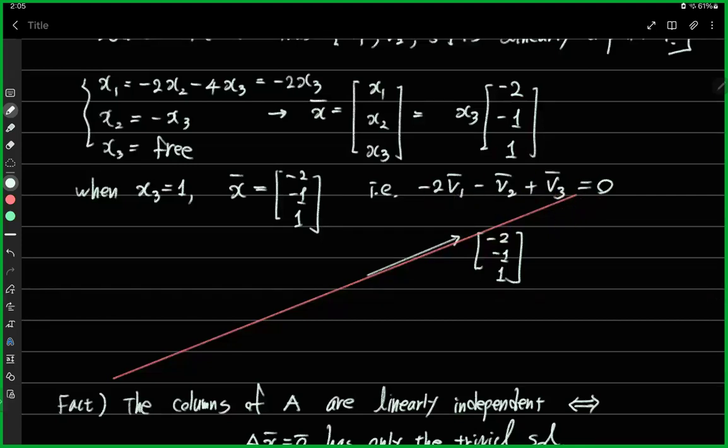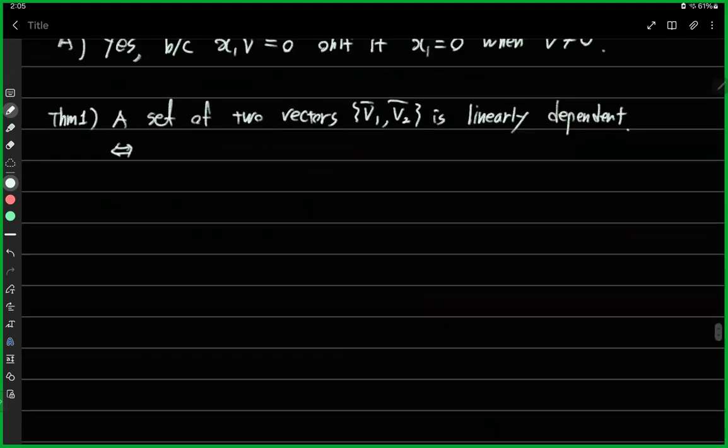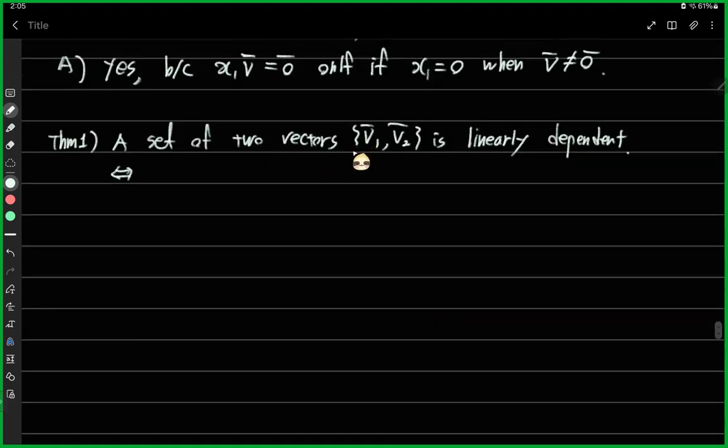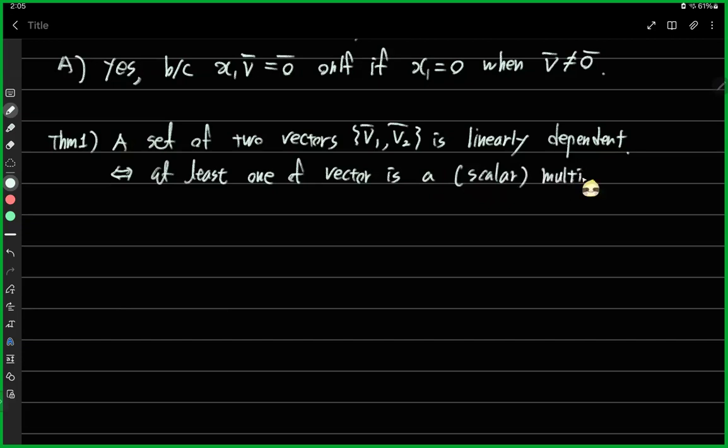Likewise, if one vector can be expressed as a scalar multiple of the other vector, then that set must be linearly dependent. Either one doesn't matter.